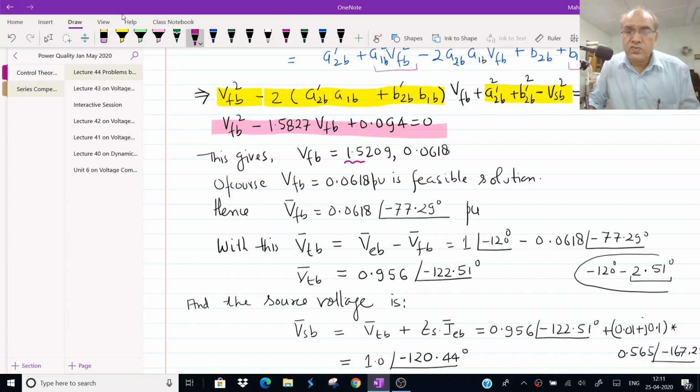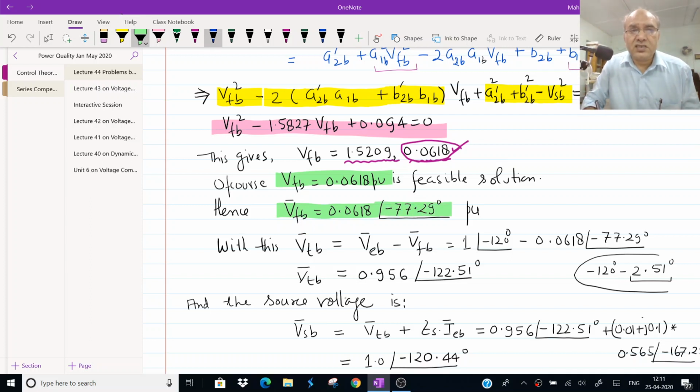One is 1.5209 and the other is 0.0618. Obviously this is the most preferred because it has the least value of voltage, and therefore the feasible solution is VFB equal to 0.0618. Therefore VFB is 0.0618, angle of minus 67.29.